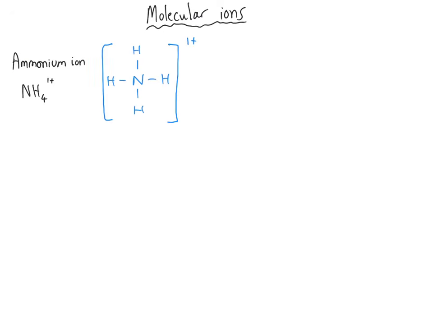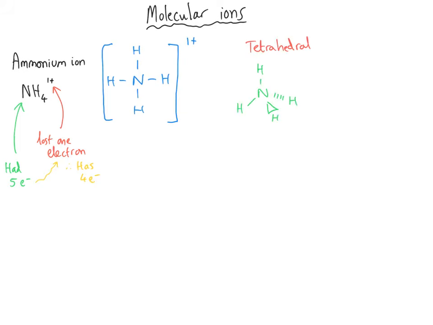Now, remember, ions are charged particles because they have either lost or gained electrons. And if something is positive, it has lost 1 electron. And so nitrogen, which previously had 5 electrons, has now got 4, and it uses those 4 to form 4 bonds to the hydrogen. And so what looked really complicated is actually not, because NH4+ is a tetrahedral shape.